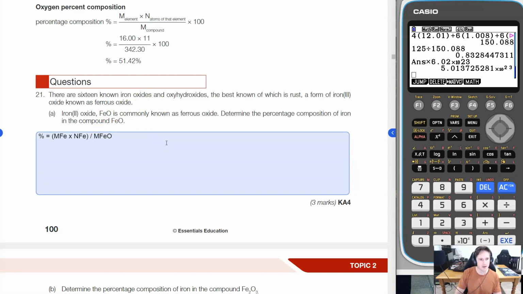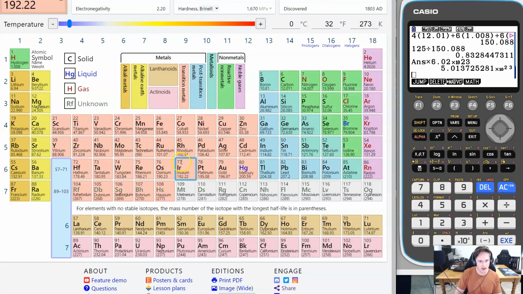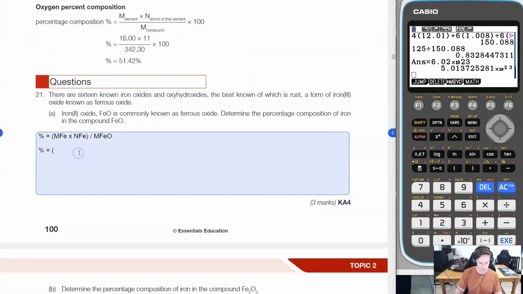I think that's the best way I can represent it. So the percentage composition is going to be equal to the molar mass of iron. So I look here and I want to find iron, which is 55.845, times by 1, because there's 1 Fe in FeO, divided by the mass number of FeO.